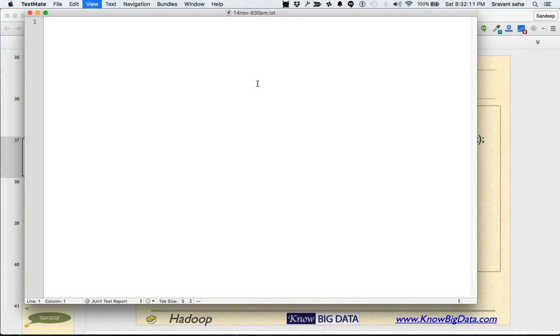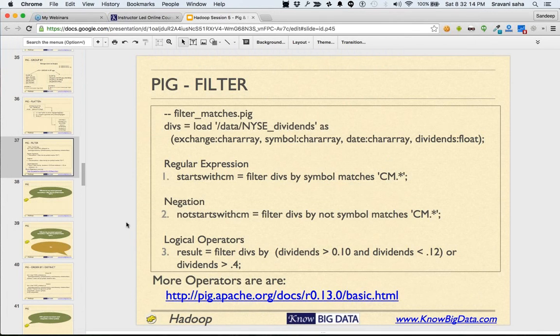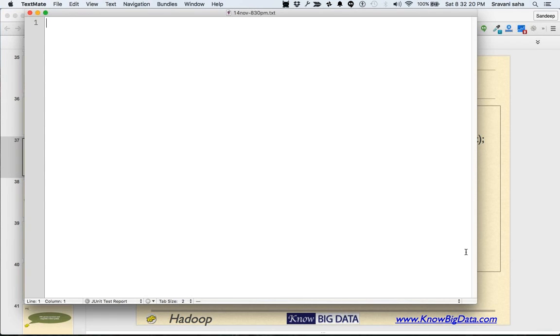All right. Good. Yeah. So we had talked about how to load, how to store, how to dump, and how to for each. Load was for loading a file from HDFS. Store was to store a data set to the file system, to the HDFS.